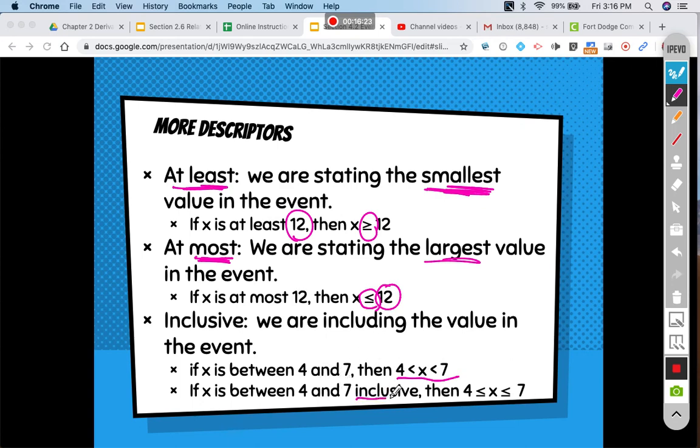But if we say inclusive, then yeah, we can include 4, we can include 7. So we will watch out for sure when we're saying, I'm looking for something between these two values. Am I inclusive or not? Do I include these values or do I not? Sometimes we'll say this is exclusive. We're excluding the endpoints. Here we're including.